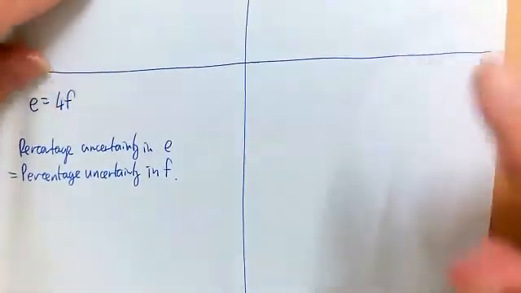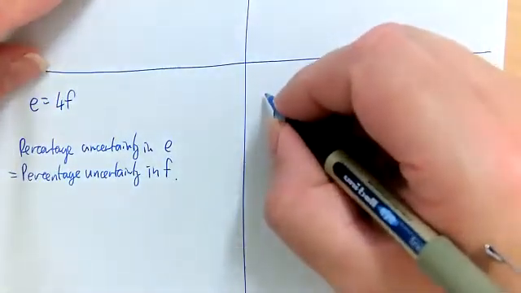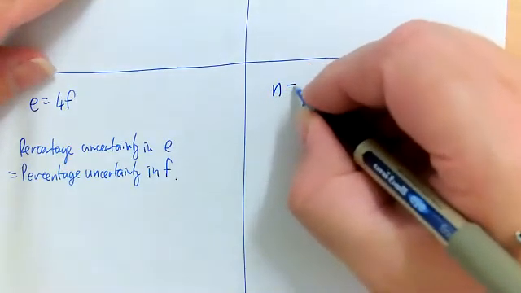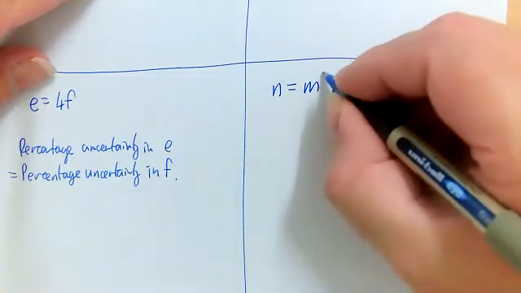The other example you might get is, picking some other letters, N equals M to the power of 3.